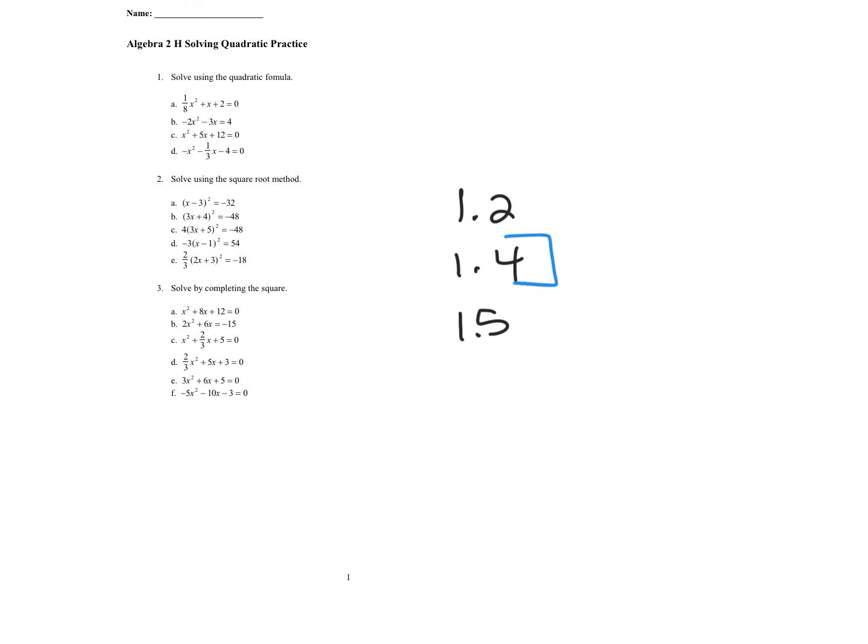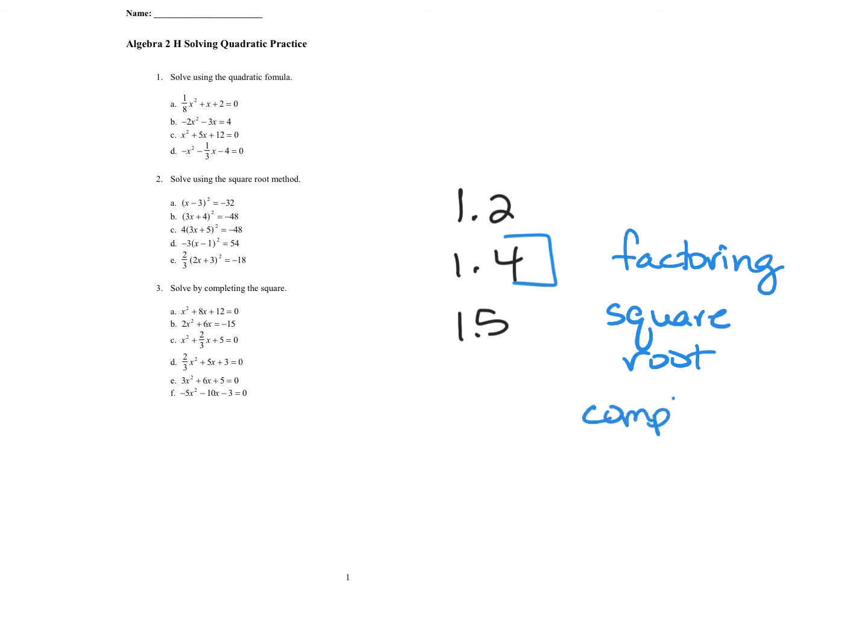We either solved by factoring, we solved by using the square root method, we learned how to complete the square, and then we also learned the quadratic formula.